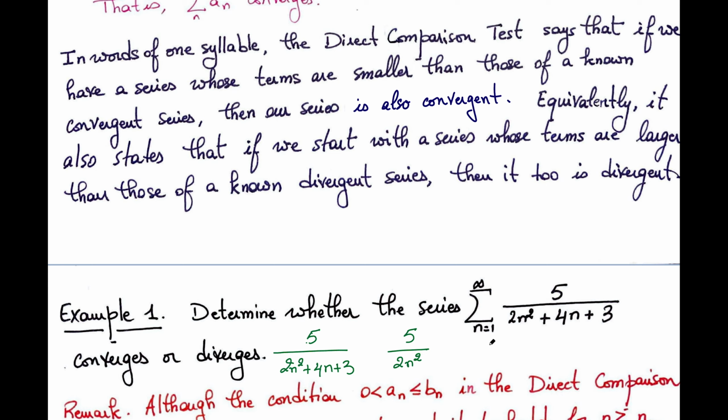Well, n is at least 1, right? n is a natural number. So the denominator here is bigger than the denominator here. So certainly the left entity is smaller than the right entity, right? We decreased the denominator, so we're going to increase the quotient. And this is for all n.